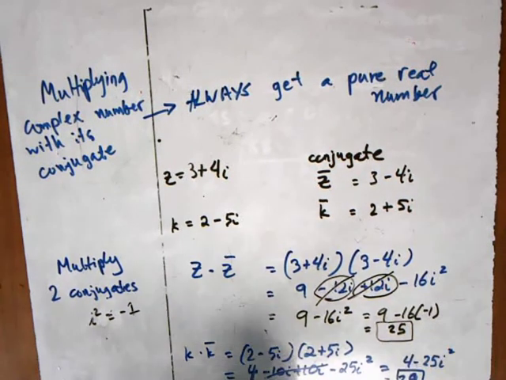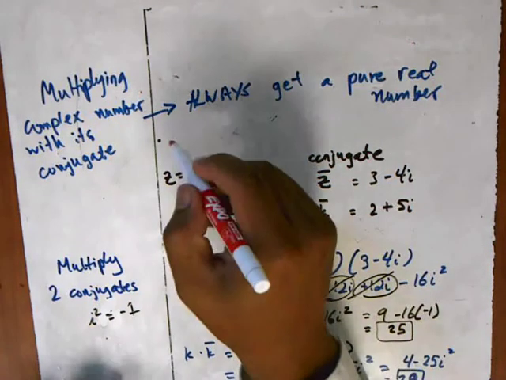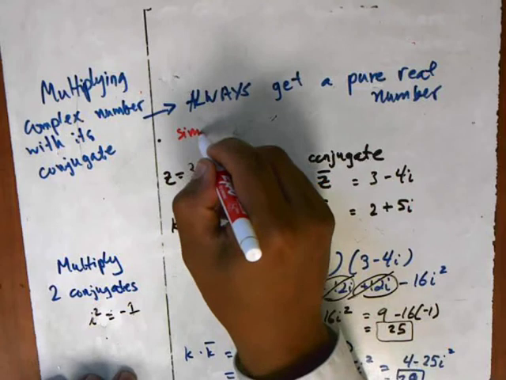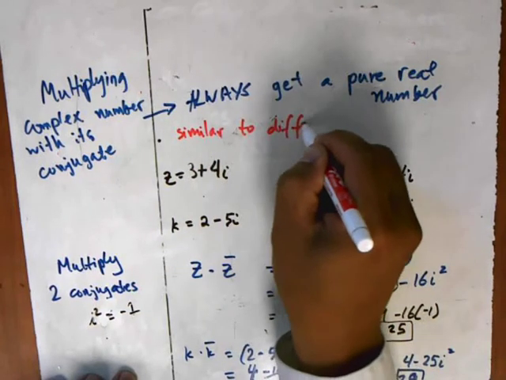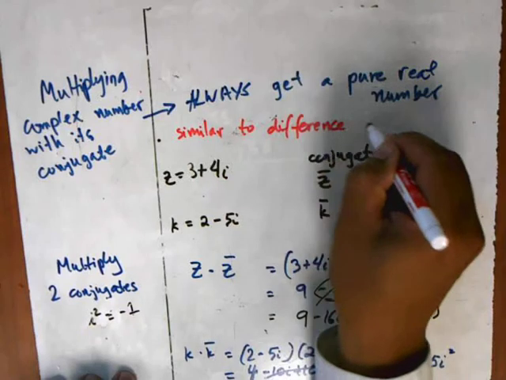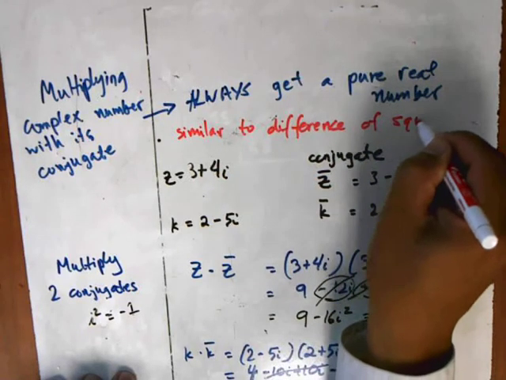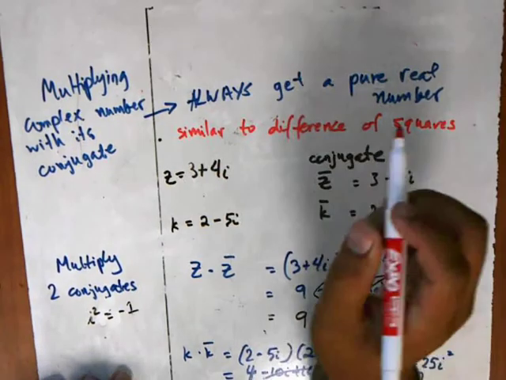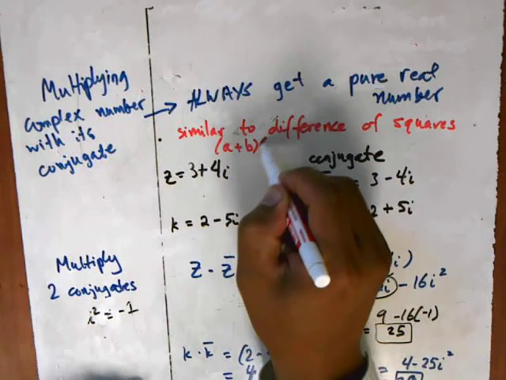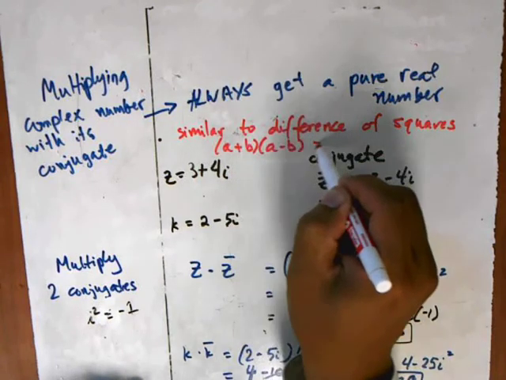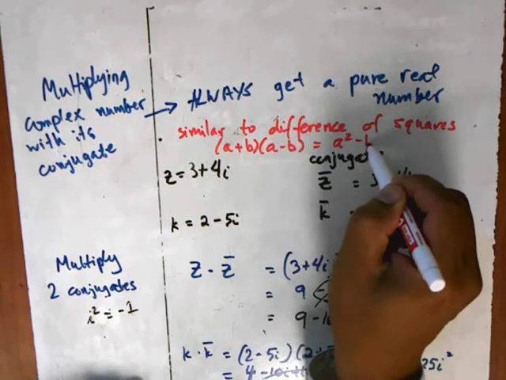And if you think back to your days in Algebra 1 or Algebra 2, this is similar to the difference of squares. Okay, it's similar to that, where if you have a plus b times a minus b, you're always going to end up with a squared minus b squared.